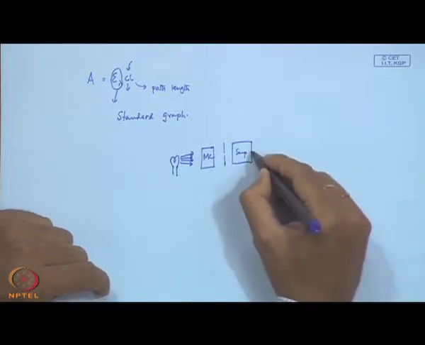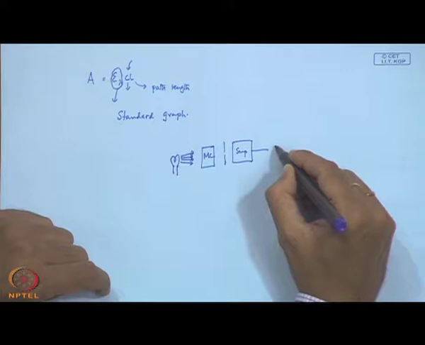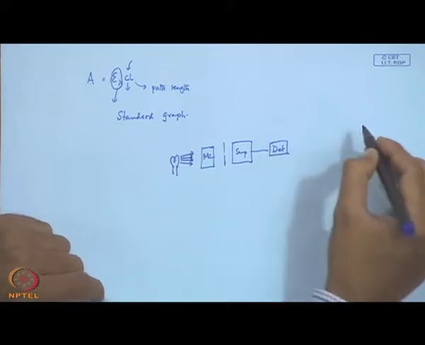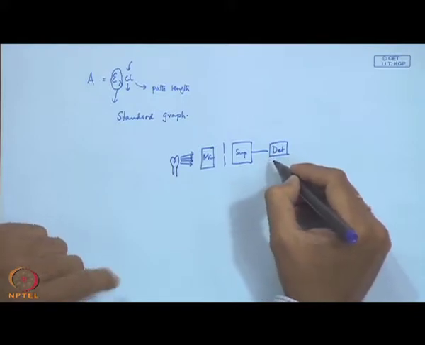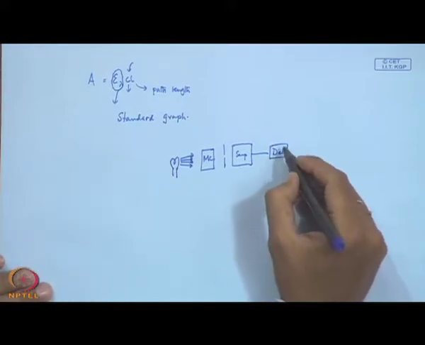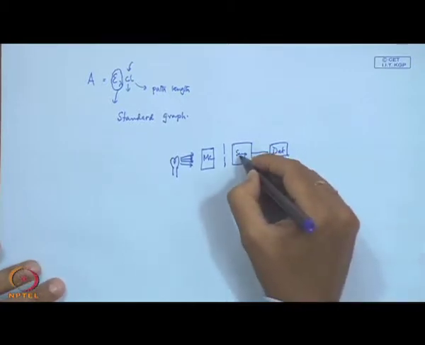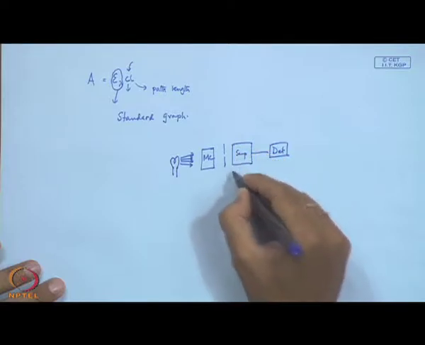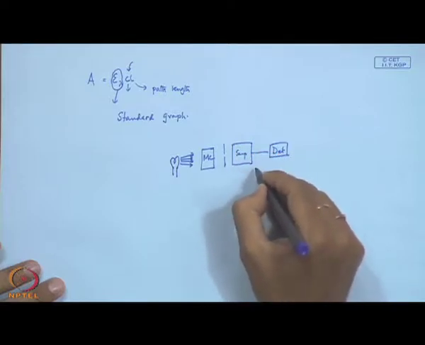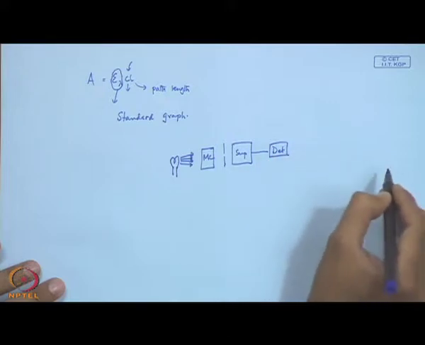Then on this side you have a detector. The detector measures the amount of light falling on it, and compares it with a blank. In one instance you put your sample, in the other you put a blank. Blank means the solvent without your compound.